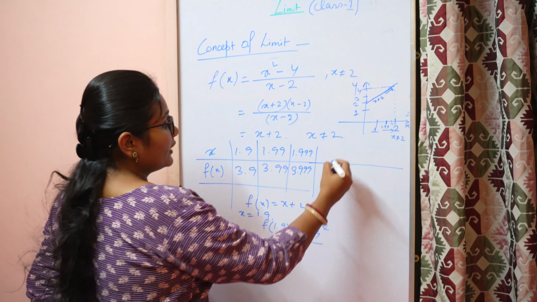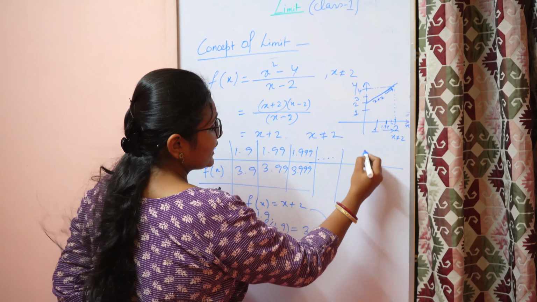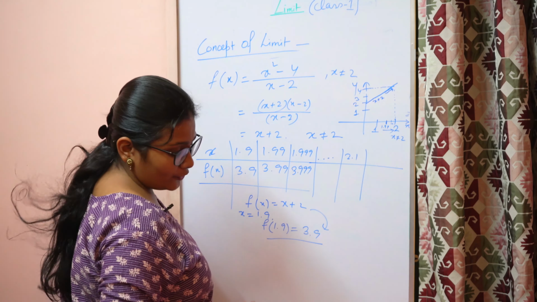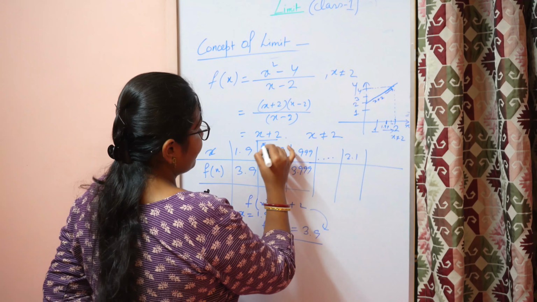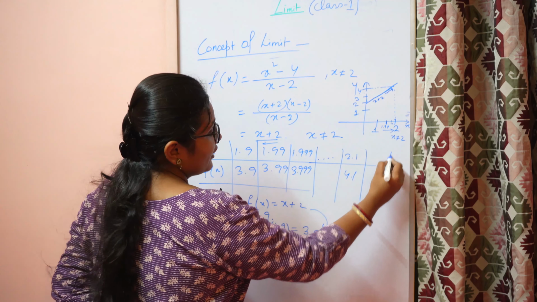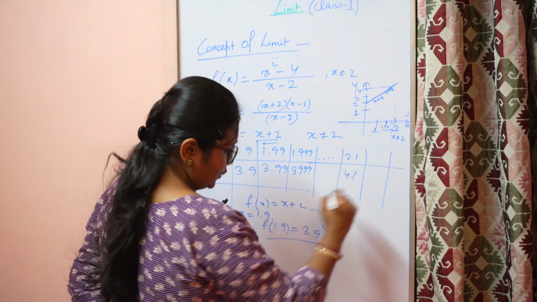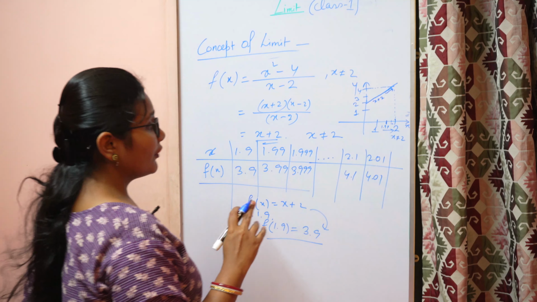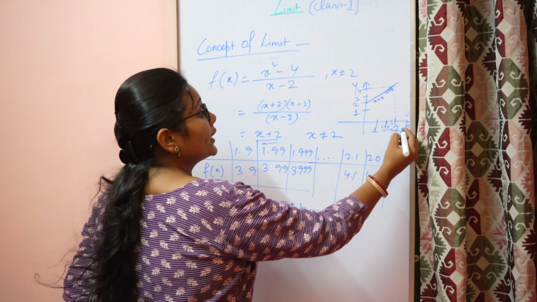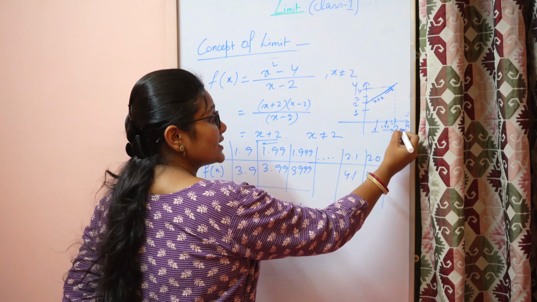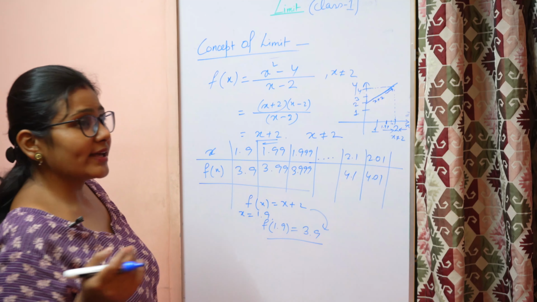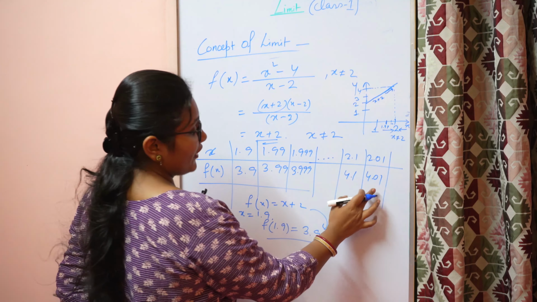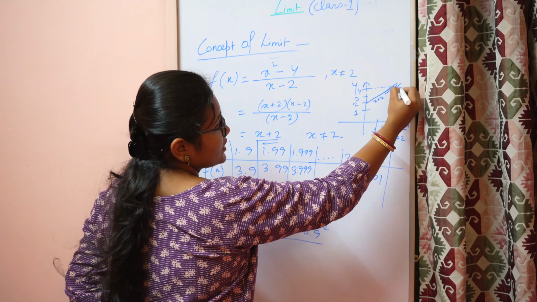Now if I take a number which is greater than 2, that is 2.1, you will get the value of f(x) as 4.1. If you take 2.01, you will get 4.01. So when you are taking a value greater than 2 but closest to 2, or you can say that approaches 2, the value of the function also approaches towards 4.